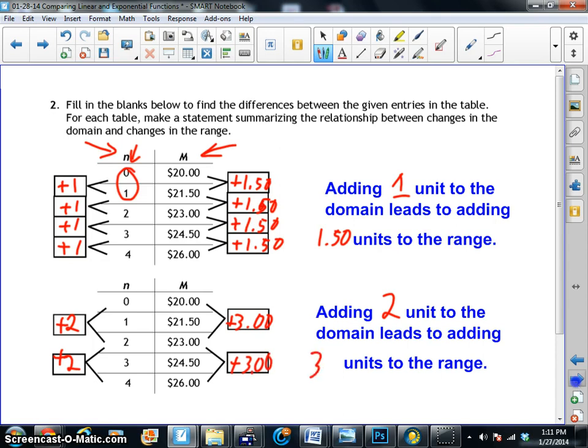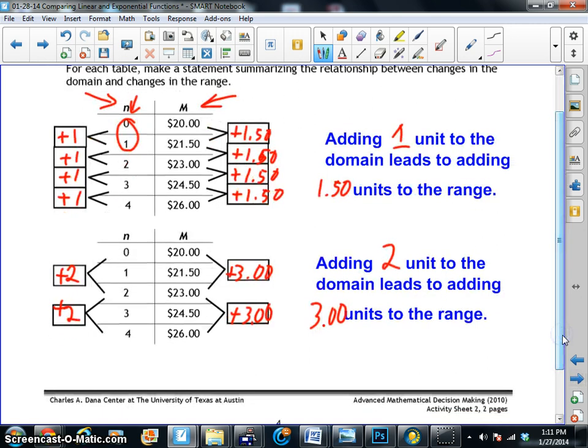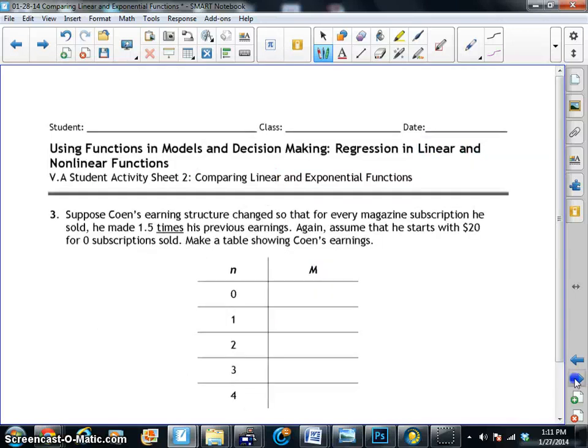So that's the add rule. If we went on to 3, as we add 4 units to the domain, that leads to adding 4.50 to the range, and so forth.